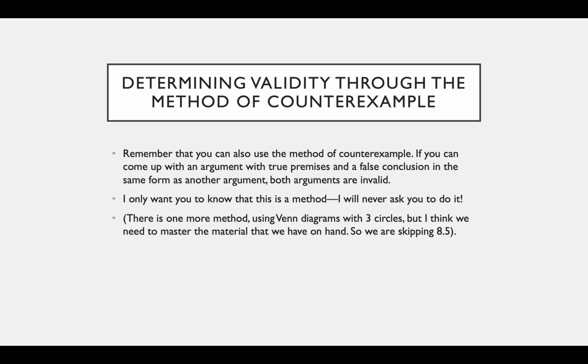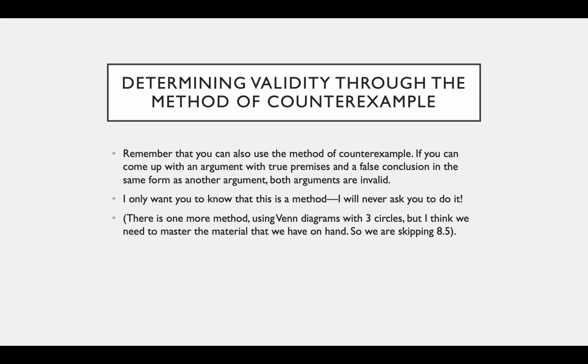If it's all propositions of a certain type and in figure 1, and the argument that you came up with has true premises and a false conclusion, you know both arguments are invalid, because any argument that can admit of true premises and a false conclusion is just invalid. You can never have a valid argument with true premises and a false conclusion. I will never ask you to actually do this method. I just want you to know it's another way to determine validity.